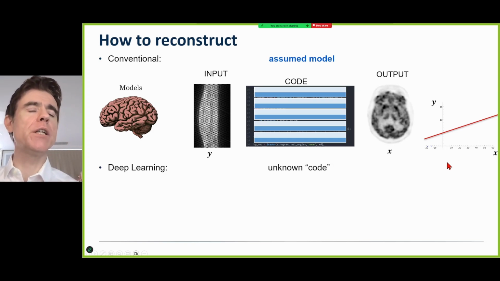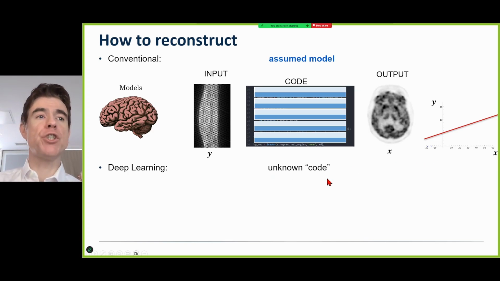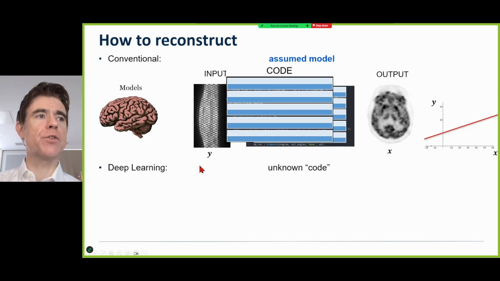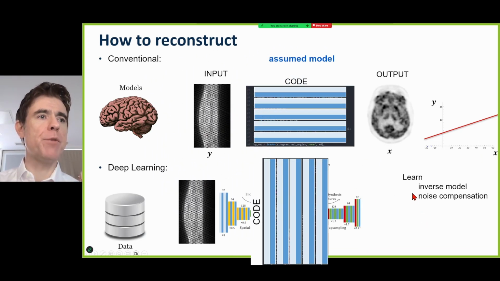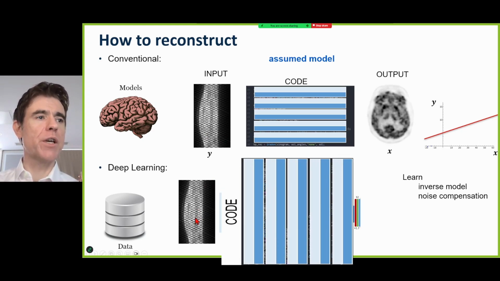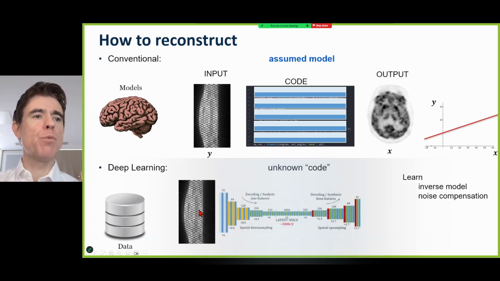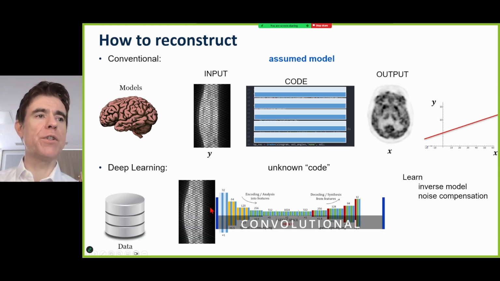Now with deep learning, what we do in the most extreme form is to say, well, let's say we don't actually know what that code is, what gets us from the input sinogram to the output image. And so what we can do is use data. So again, there's an example sinogram where we run it through multiple steps of a deep network. This is an example of a convolutional encoder decoder.